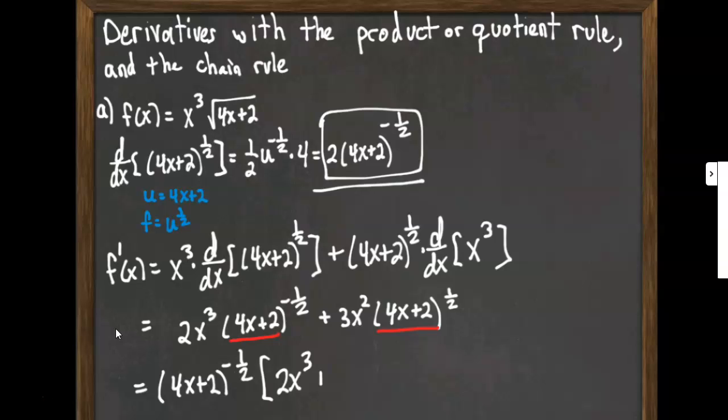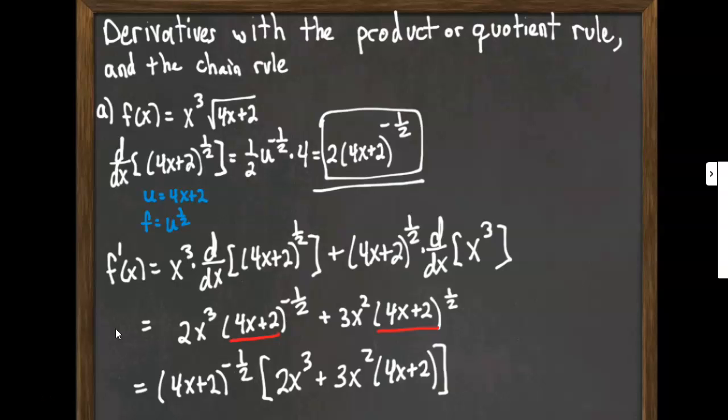When you get to the second fraction, if we take that 4x plus 2 to the positive 1/2 divided by 4x plus 2 to the negative 1/2, we have to use our properties of exponents, which say we subtract. 1/2 minus the negative 1/2 becomes 1/2 plus 1/2, which becomes 1. So that's actually going to be plus 3x squared times 4x plus 2 to the first power.